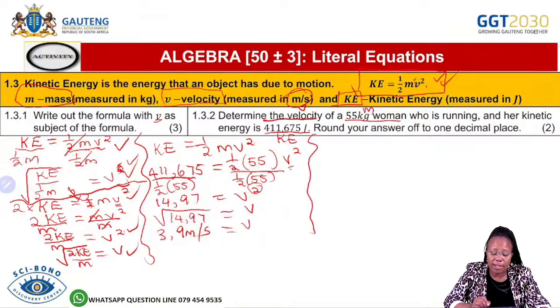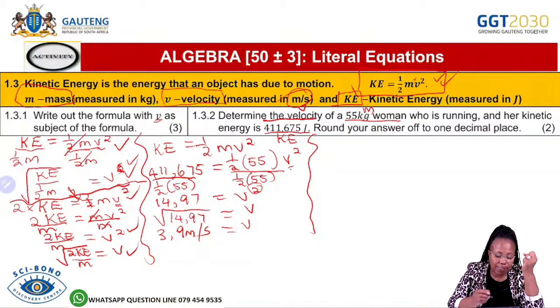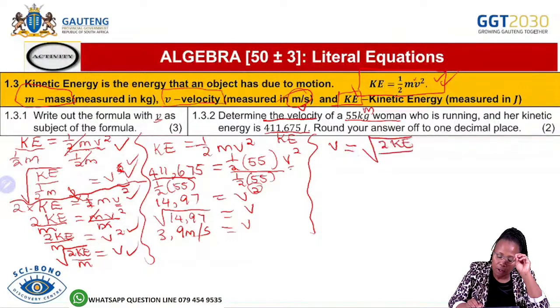Right. Then this learner is confident enough, knowing that the first solution in 1.3.1 is correct. That means you may also use that formula that you have concluded in 1.1.3 that states that V is equal to the square root of 2 KE all over M, and then you can start substituting in that one.